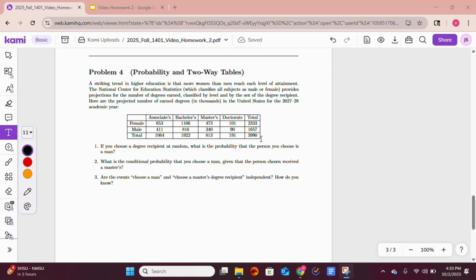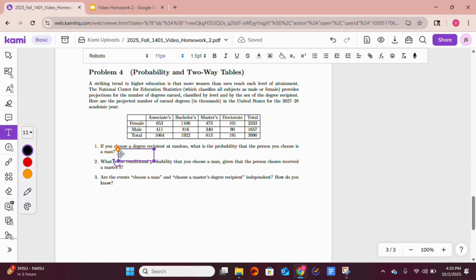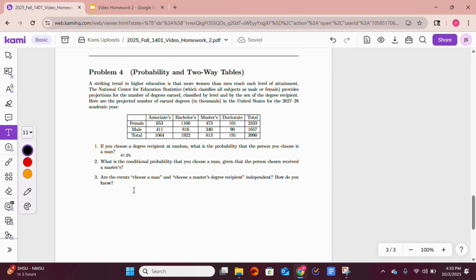After dividing this in my calculator, I got about 0.415, or 41.5%. So our answer would be 41.5%. And this is the probability that you would randomly pick a male.